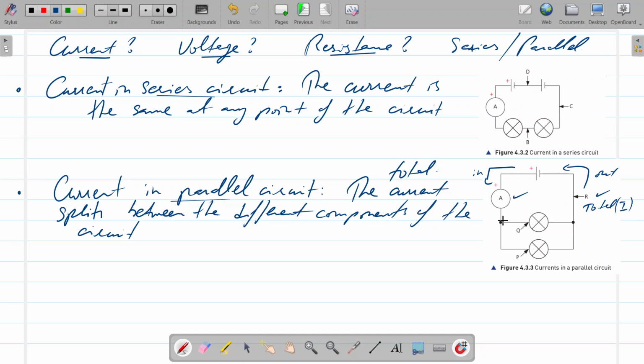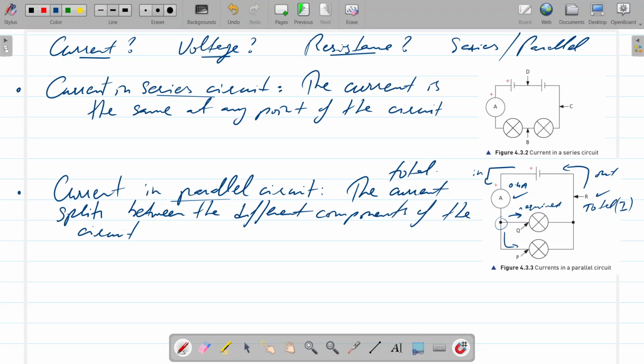But when it reaches this junction over here, it splits. All the current does not go to the first lamp, only as much as is required goes, and the rest goes here, so it splits. So the explanation they've given over here is, for example, your supply ammeter is reading 0.4 amperes. So that is the total supply.